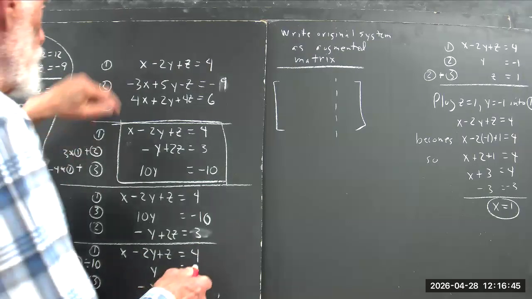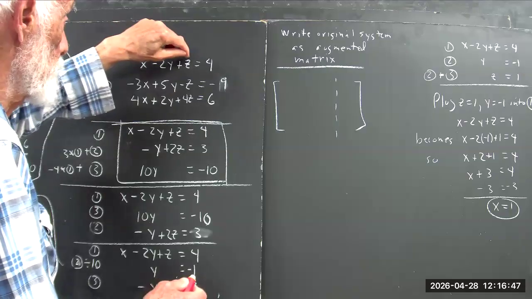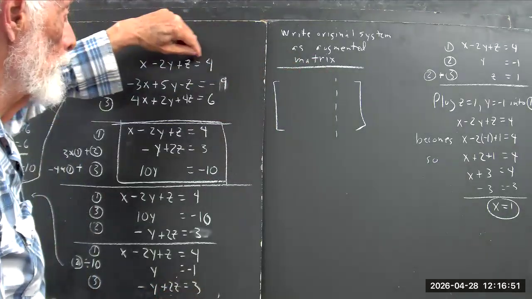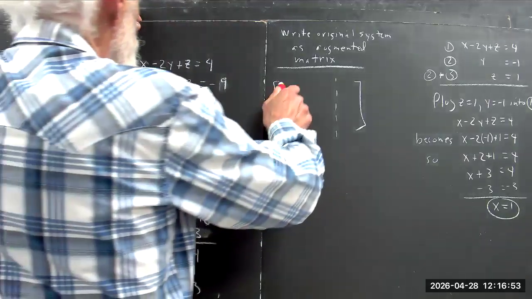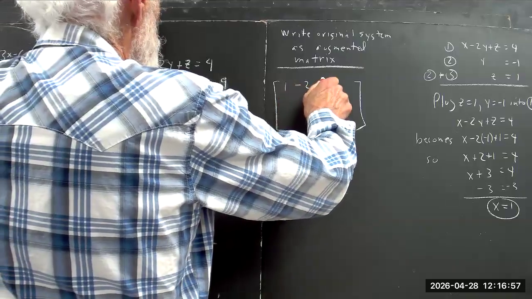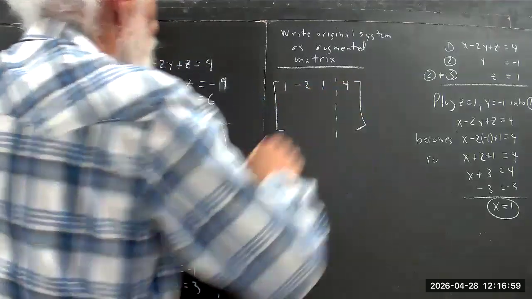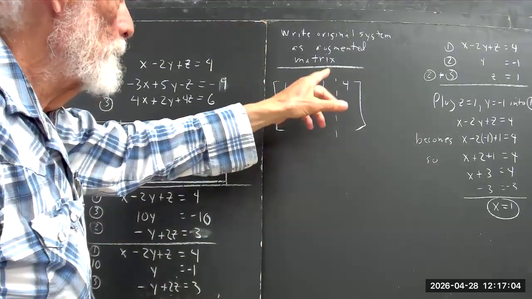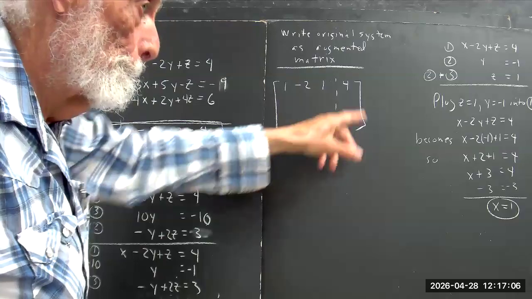When you write the augmented matrix, we just write the coefficients of x, y, and z. And then to the right of the dotted line, we write the number to the right of the equal sign. So for the first equation, we'd write 1, -2, 1, 4, which stands for 1x minus 2y plus 1z equals 4.